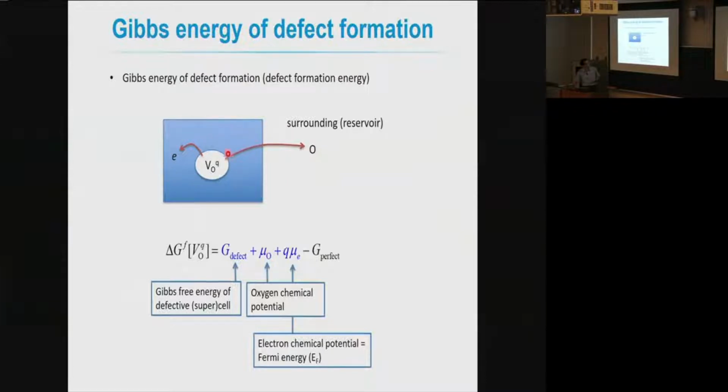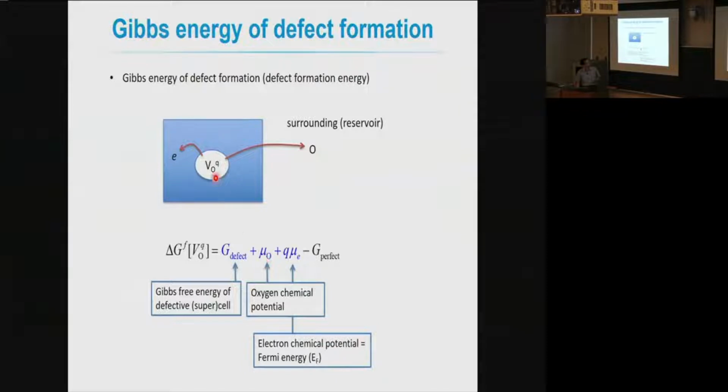Here, the Gibbs energy of the defective system consists of the energy of the defective cell, as shown here. Also, since you have to move this oxygen to the surrounding, which is controlled by the oxygen chemical potential, you have to add up the chemical potential of the oxygen.